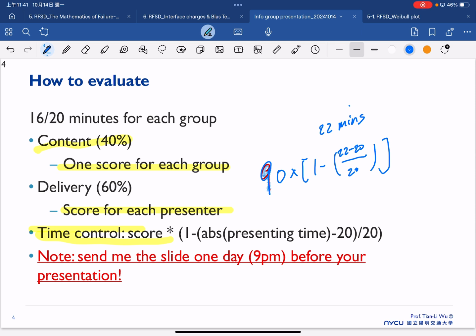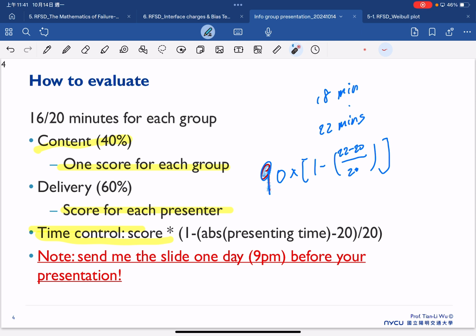Or if you only presented for 18 minutes as well. So basically if you have a 2 minute exceed time, that will reflect in your total score as well. So what you have to do is practice with your teammates and make sure your presentation time is as close to 20 minutes as you can.